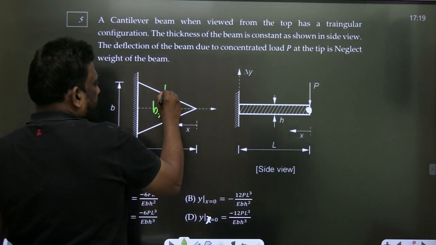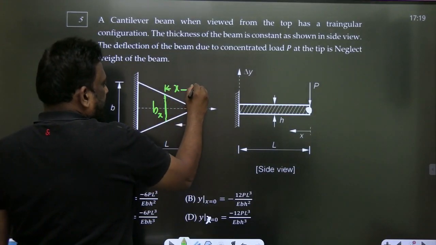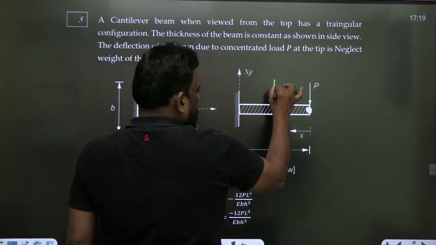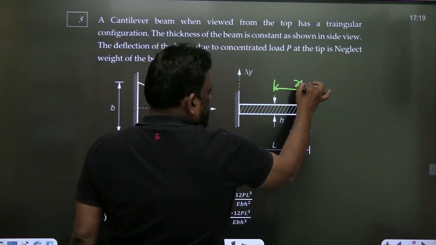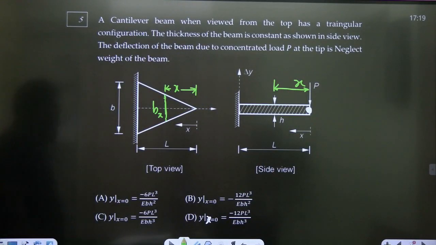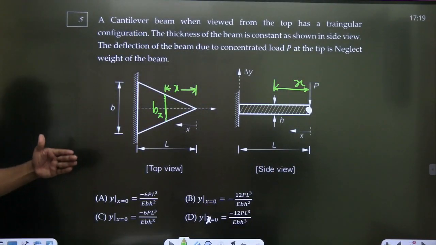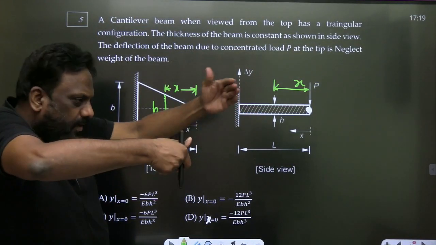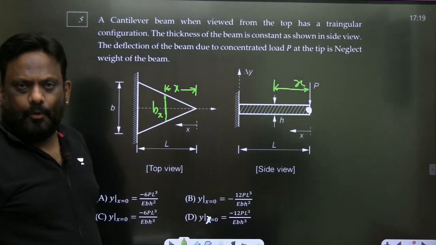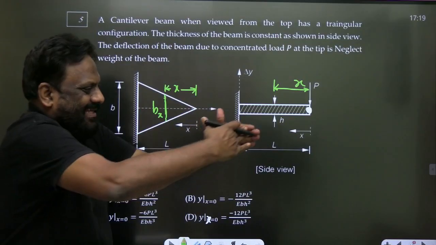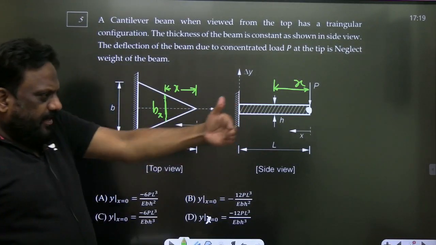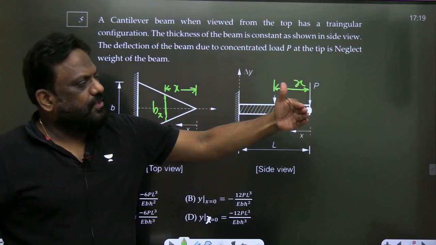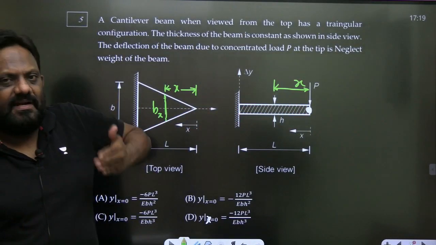Let me take x from the free end. Actually, the shape is triangular in section, but the depth is the same, only the width is changing. So here the width is 0, increasing, and at the fixed end it is b.